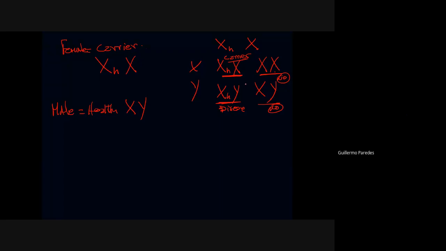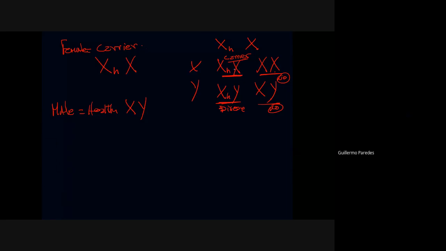How many kids have a risk of hemophilia? 1 out of 4, 25%. Now, if they ask you in a different way, just talking about girls, if I have a girl, my girl has a chance, there are 2 girls, right?